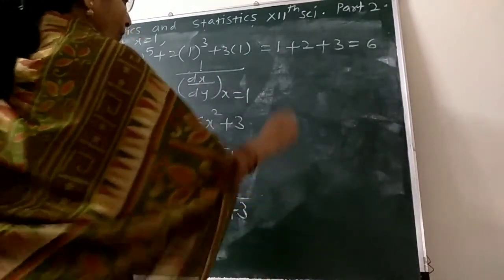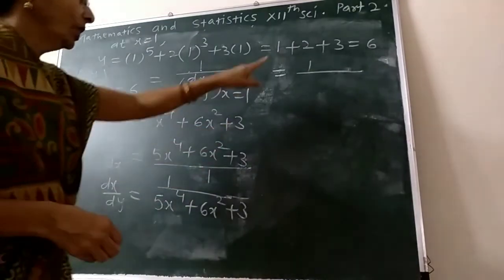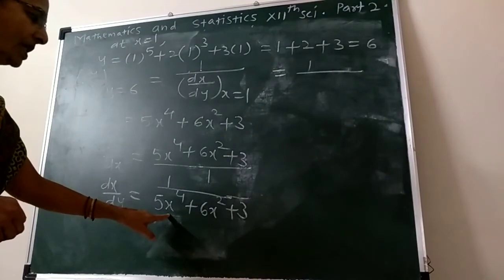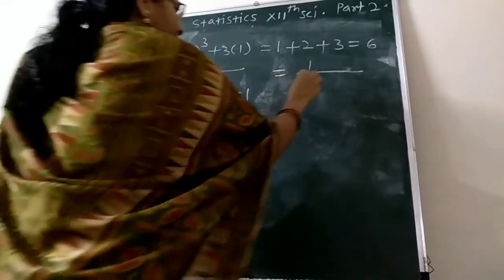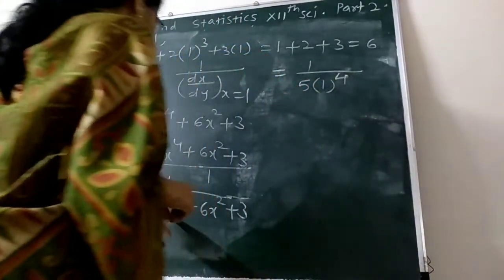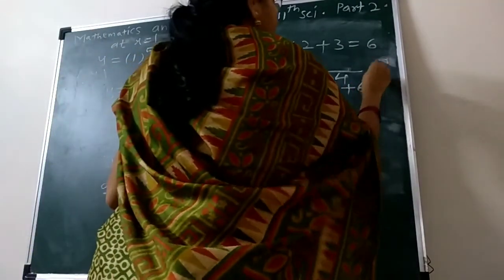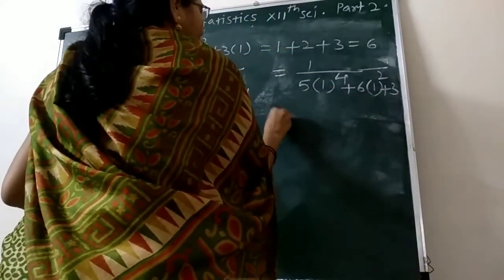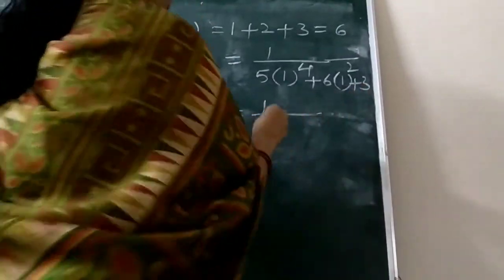So it is equal to 1 upon dx by dy at x equal to 1. In this value put x as 1: 5, x is 1, 6, x is 1, 3. 1 upon 5 plus 6 plus 3, 14.